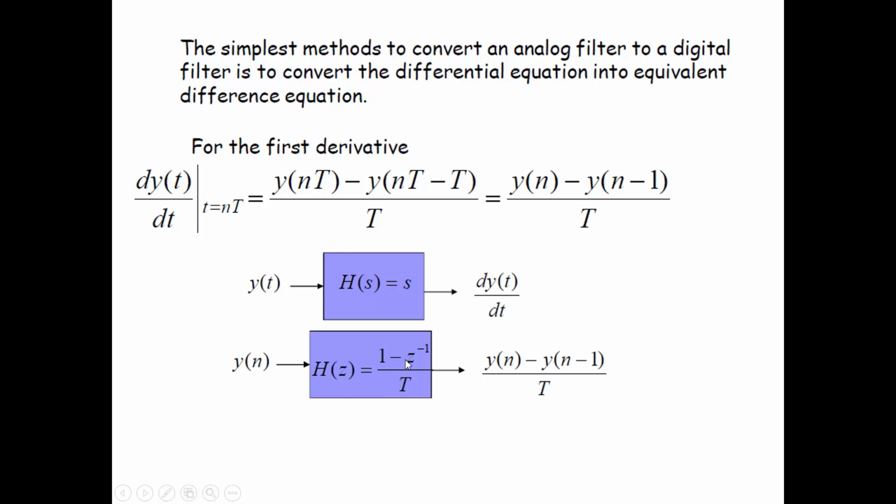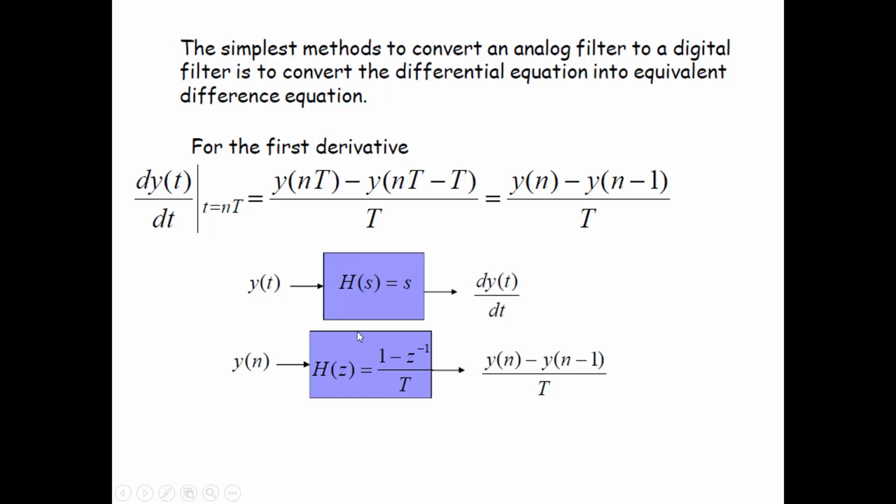So H(z) will be (1 minus z to the power minus 1) divided by capital T. So this basically leads to this difference equation, (y(n) minus y(n minus 1)) divided by capital T.